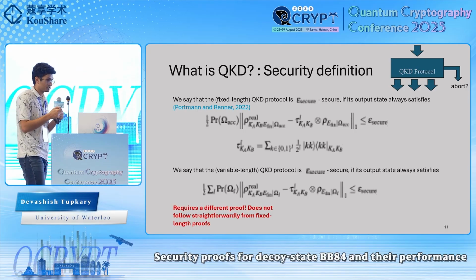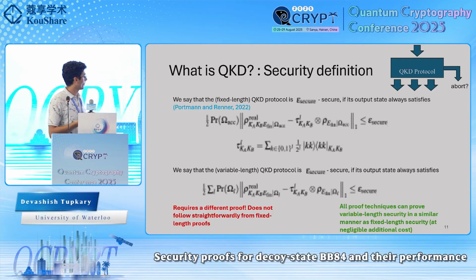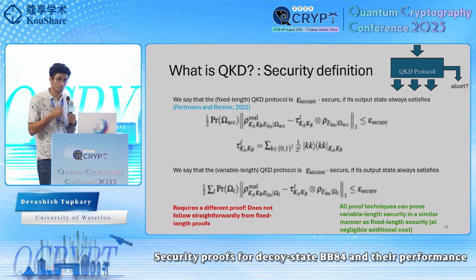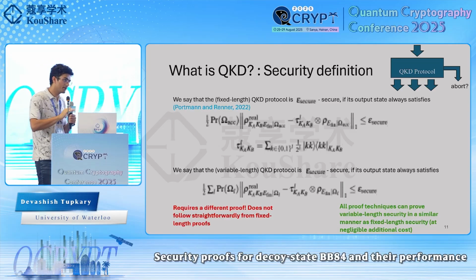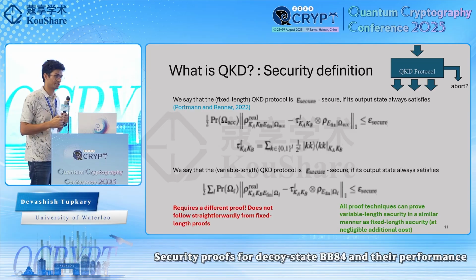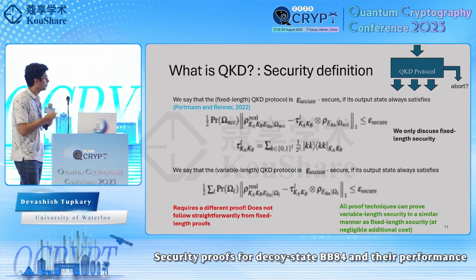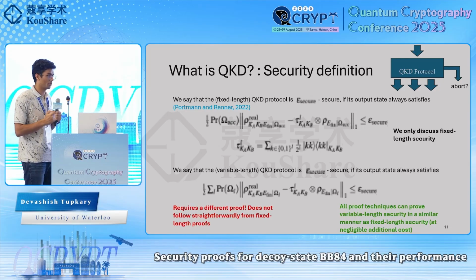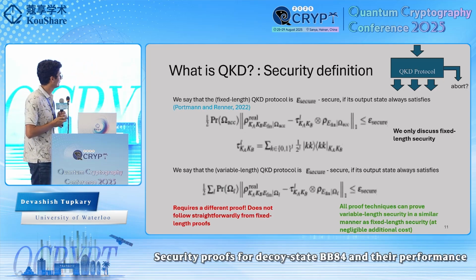They don't just straightforwardly follow from fixed length security proofs. But at the same time, all of the proof techniques that we use right now are able to prove variable length security in pretty much the same way they prove fixed length security, right? And they don't have any additional penalty. And so for this tutorial, we are only going to discuss fixed length security. Okay. All right.